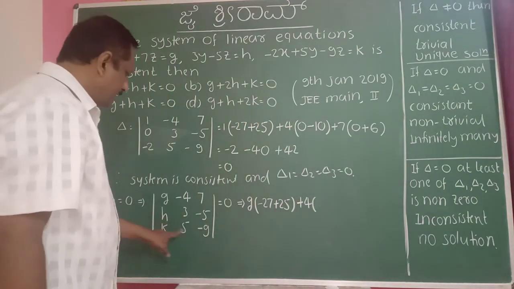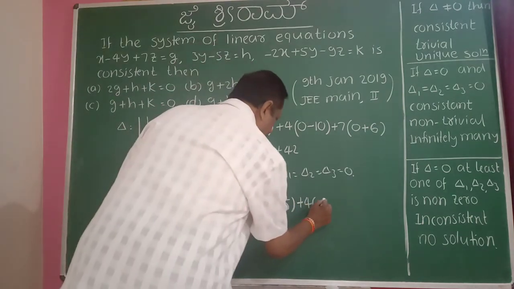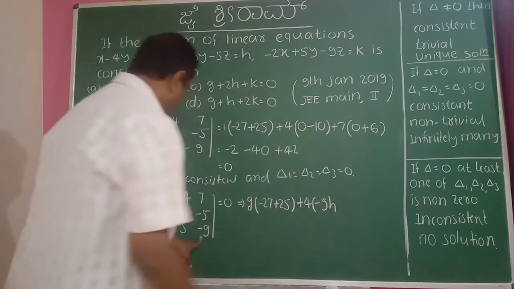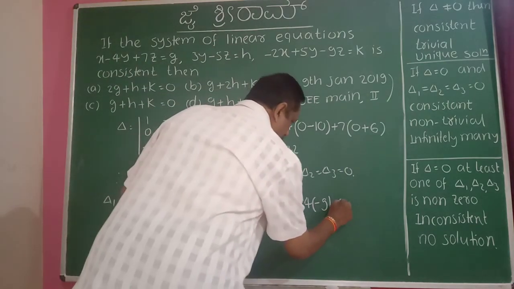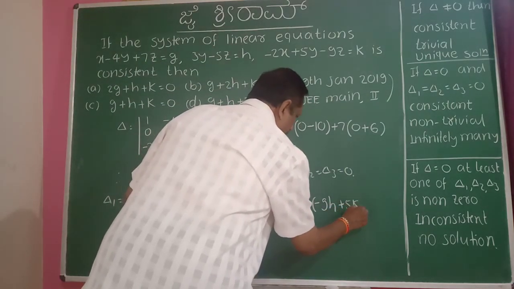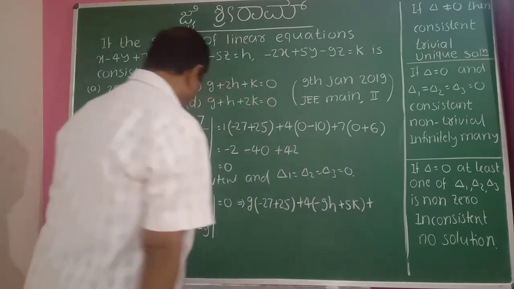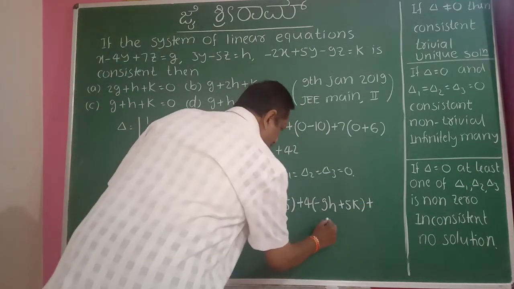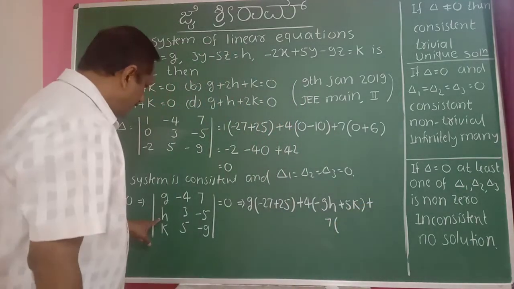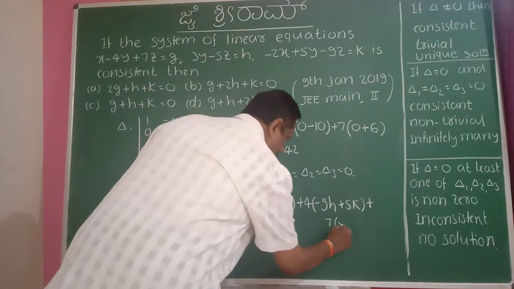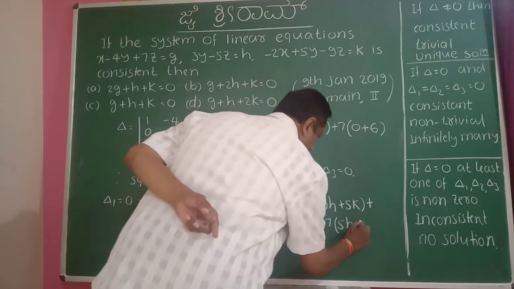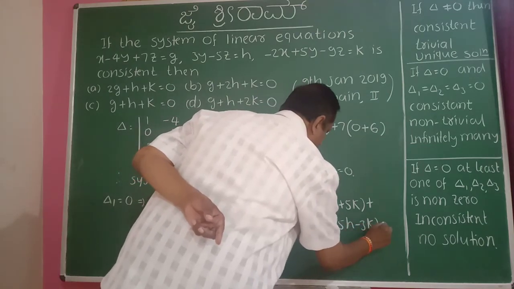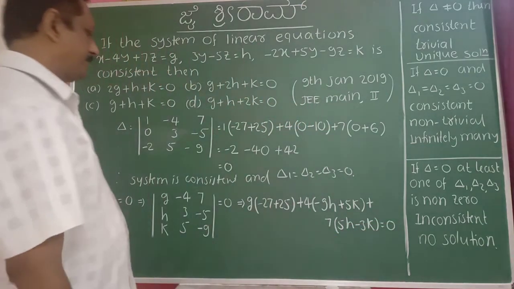Then minus 4 times the bracket: h into minus 9 is minus 9h, minus 5 into k is minus 5k, minus minus plus 5k. Then plus 7 into the bracket: h into 5 is 5h and 3 into k is 3k, minus 3k, equal to 0.